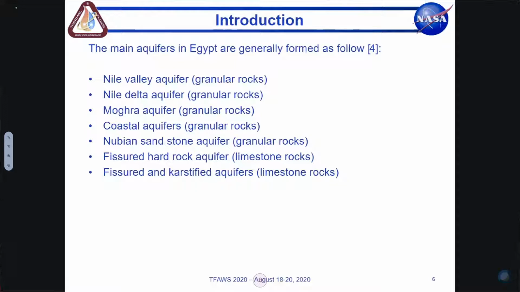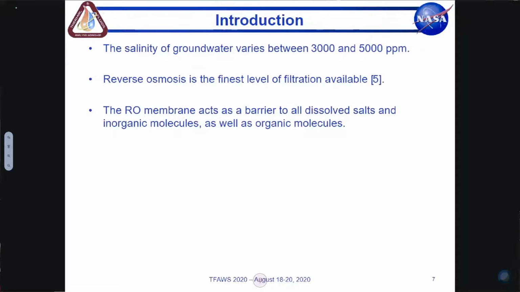Here I am introducing our aquifers in Egypt. The Nile Valley aquifer, the Nile Delta aquifer, the Moghra aquifer, the coastal aquifers, and the Nubian sandstone aquifer. These are all of granular rock type. We also have the fissured hard rock aquifer and the fissured and karstified aquifer, which is limestone rock type.